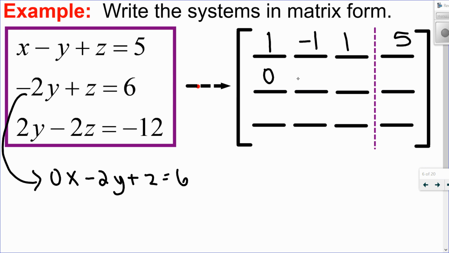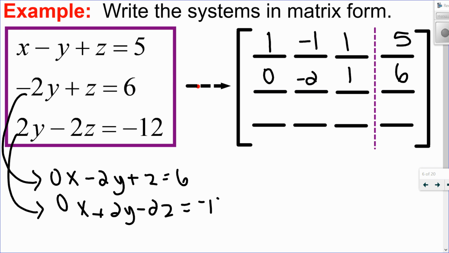So this will be 0, negative 2, 1, and 6. And then my last one is missing an x, but everything else is in good order. So that will be 0, 2, negative 2, and negative 12. So that's just how we write them into matrix form.